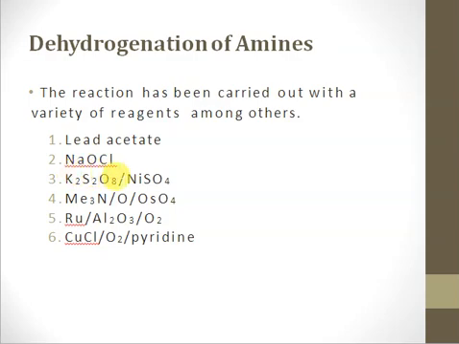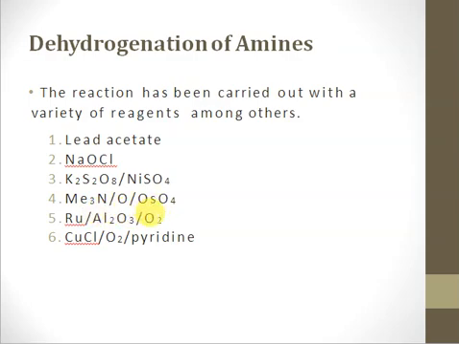K2S2O8 in presence of nickel sulfate, or we may use trimethylamine in presence of air and osmium tetroxide, or we may use ruthenium metal. In case you're using ruthenium metal, you have to make use of alumina and air.